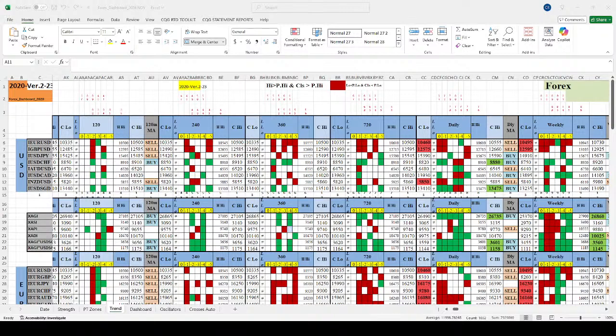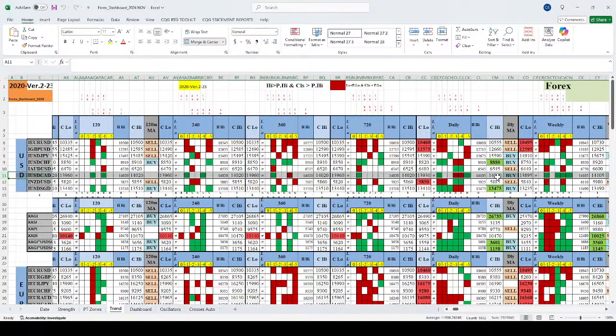Actually, 13980 is the level. So this level is wrong here. So above 13980 is up, and your 360 direction says this is also in an extension. So the 360 is in an extension.